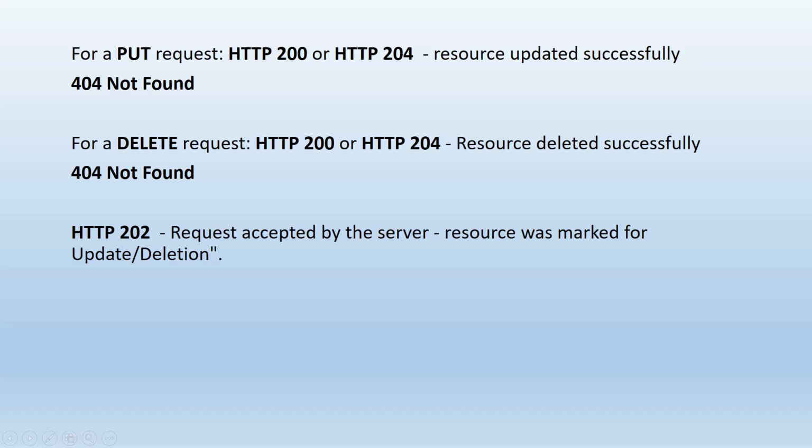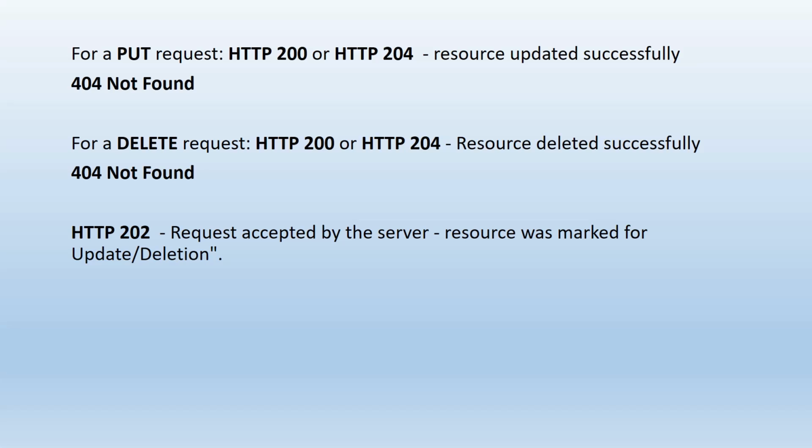Let me take the PUT request. In the case of a PUT request, as I already told you, we can use HTTP 200 or 204 status code for successful completion of the request. We can also use the 404 HTTP status code if the resource which you are trying to update is not found.